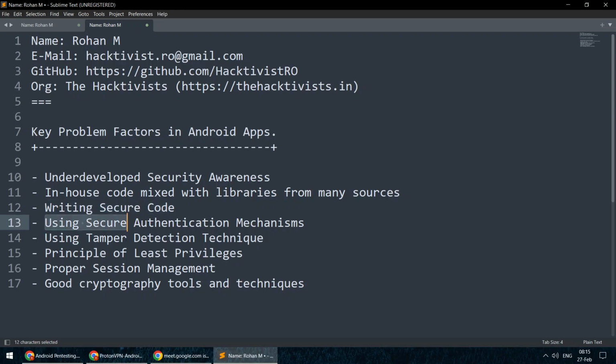Then using a secure authentication mechanism, this is something that is not new to all of you. There are a lot of security awareness campaigns being run by the government of India, by various NGOs, by various countries. Globally, campaigns are running that say do not use mechanisms that have been compromised.